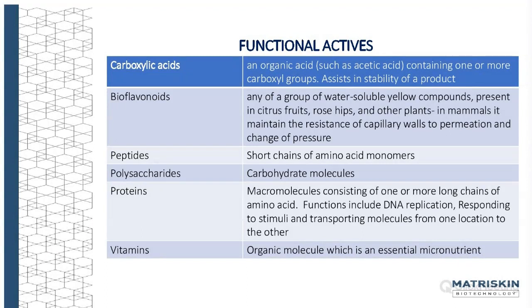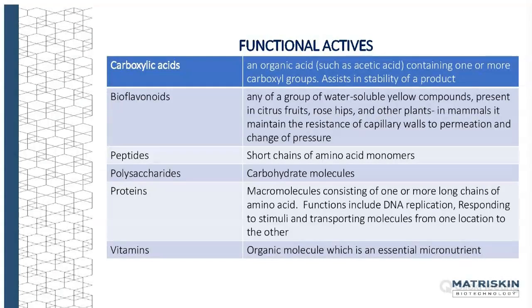Peptides are short chains of amino acid monomers, which basically make up the building blocks of collagen. Polysaccharides are carbohydrate molecules which provide energy and a source of nutrition. Proteins are macromolecules which consist of one or more long chains of amino acids.